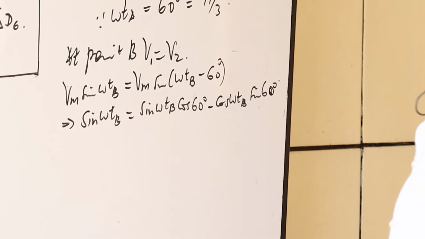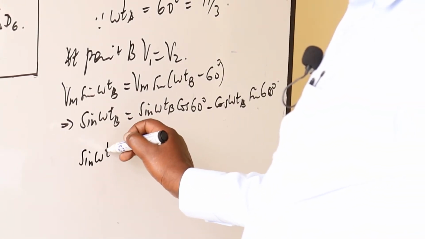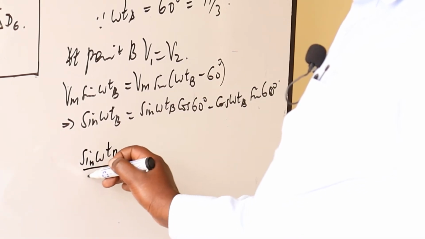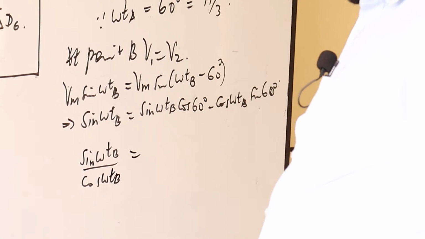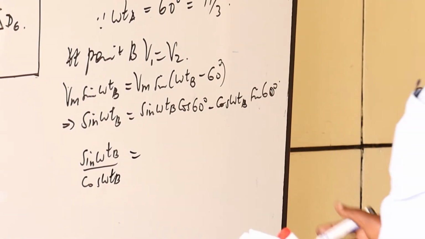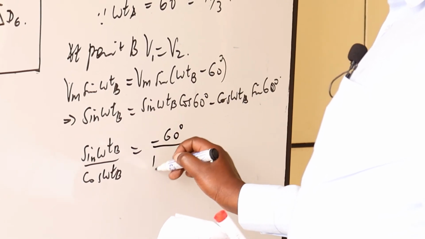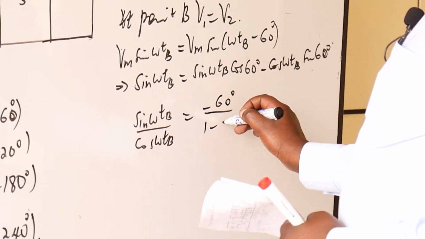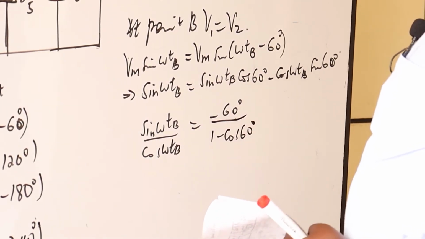If we simplify, we shall have sine omega t at B all over cos omega t at B equals negative 60 all over 1 minus cos 60 degrees.